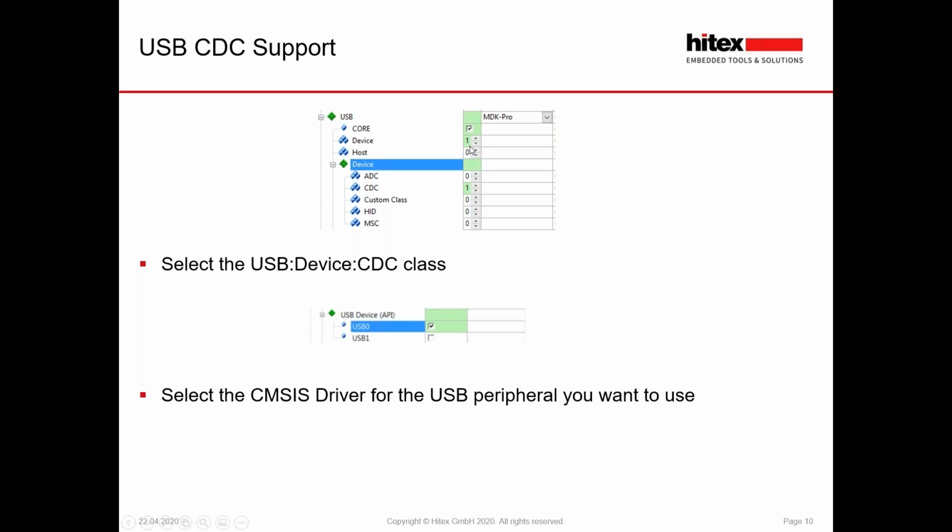Here we need to say that it's a device class, and the USB stack does support multiple peripherals. So we can create device, but we can have support for 2 peripherals if we want to. We then include the core library, and then finally we have to choose a USB CMSIS driver. Here in the USB section, we can select either peripheral that we want to work with. In this case, we're going to use USB 0.